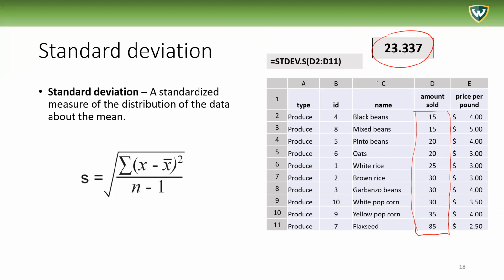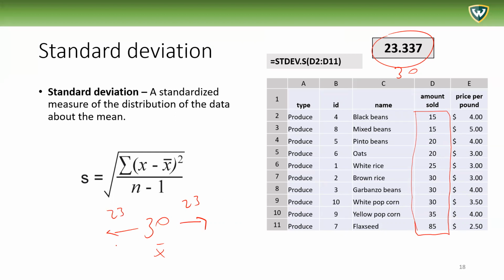The standard deviation is 23, so the values disperse about 23 pounds around the mean, which is 30. So the mean equals 30, and the standard deviation is 23, let's just round it.